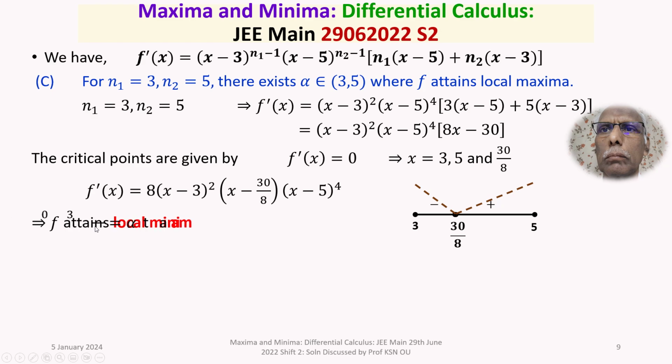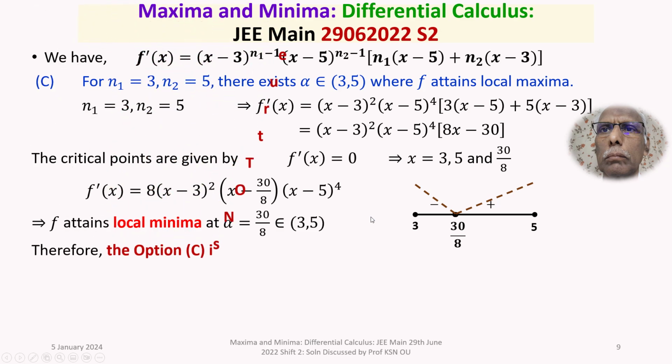So f attains local minima there, and in option C it is given that it attains local maxima, but we have got local minima. Therefore option C is not true, and we have to find the option which is not true. Thus we got option C is not true.